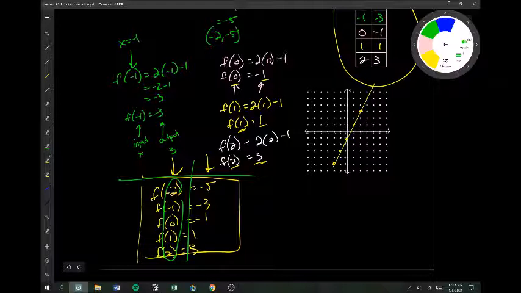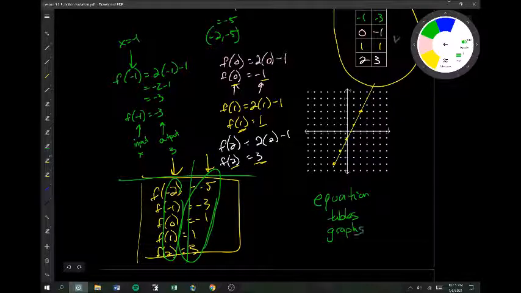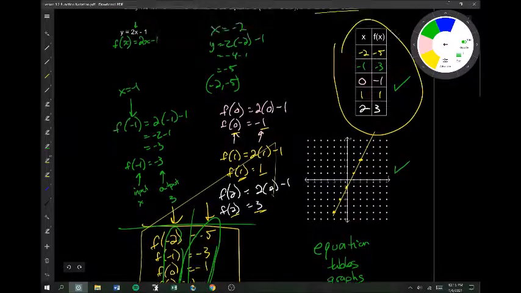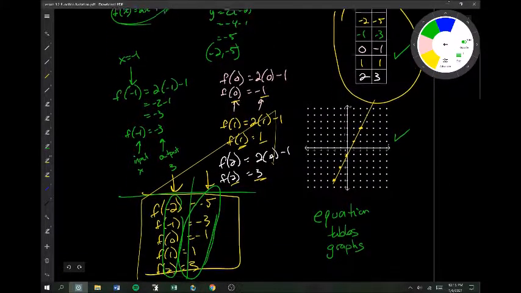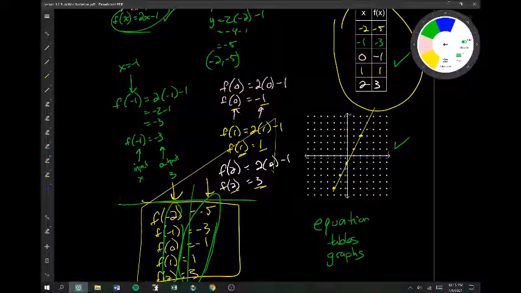Here's the inputs, here's the outputs, but now it looks like a whole bunch of squiggles. But we're seeing again, as we've talked about before, the three main forms of a relation: equations, tables, and graphs. And this table and this graph and this equation right here are all showing the same relation, the same way to get from x to y.